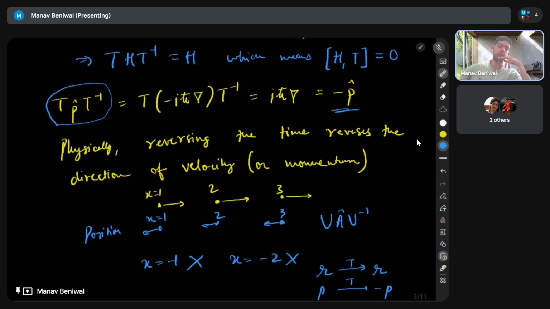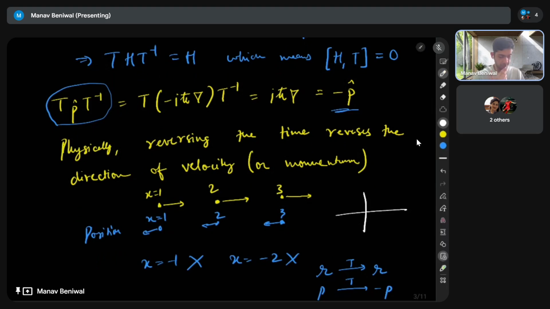So if our momentum was, let's say, 100, doing this operation T P T inverse will still give us 100. Only thing is it can give an additional minus sign or an iota depending on what this operator U is. So it is like a transformation in the phase space. And here we see that this transformation in the phase space has completely flipped our momentum operator P. So in general, let me tell you quickly.